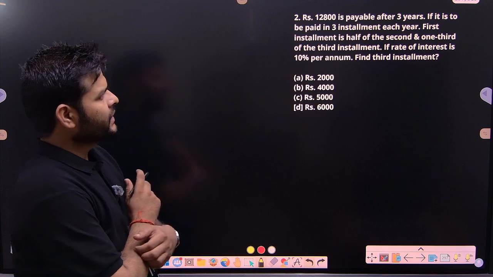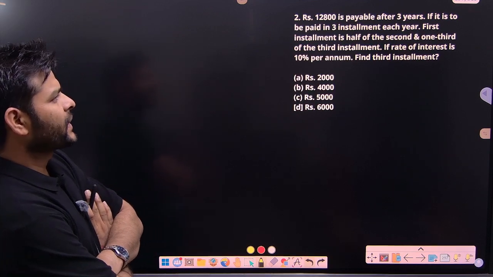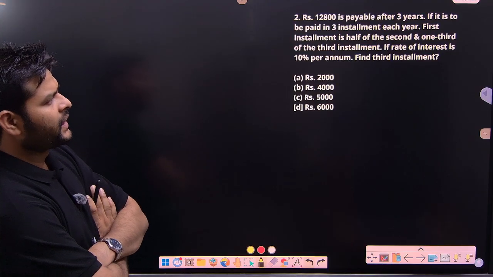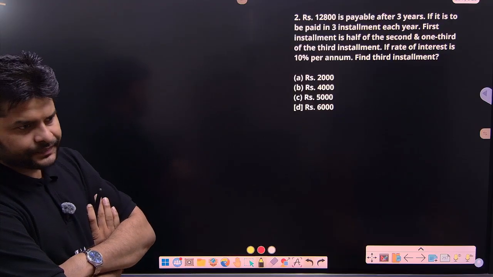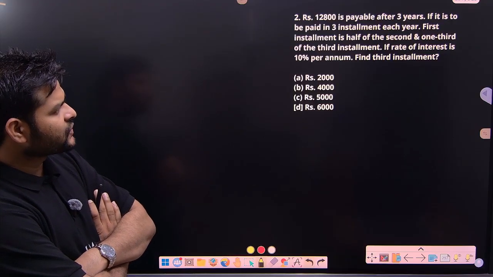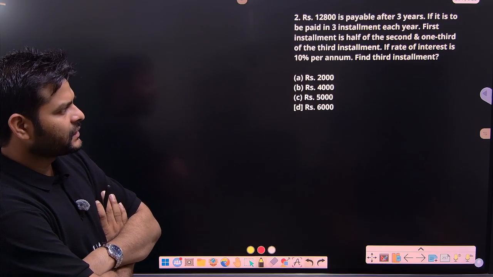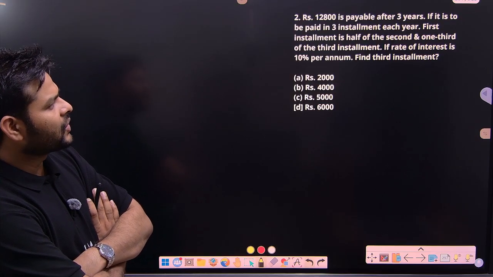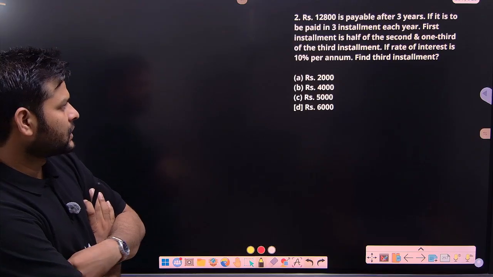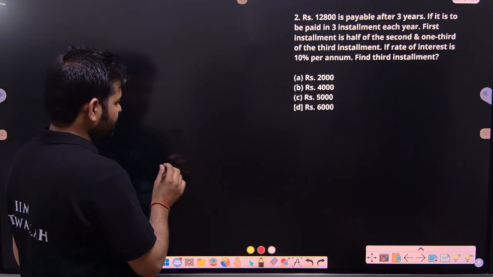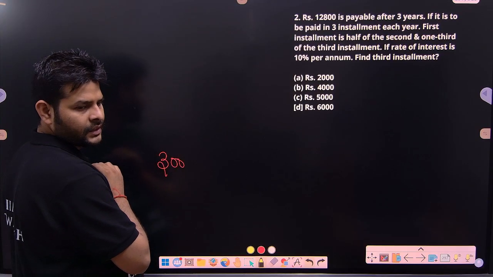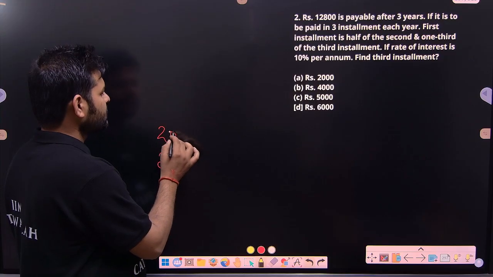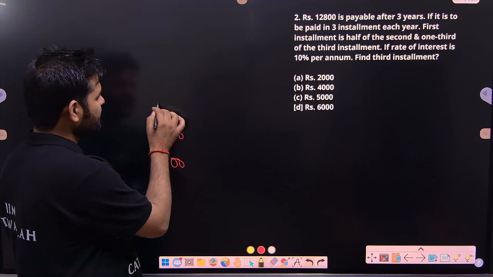Rupees 12,800 is payable after 3 years. If it is to be paid in 3 installments, each year, the first installment is half of the second and 1/3 of the third. So if the third installment is 300 units, the second installment is 200, so the first would be 100.